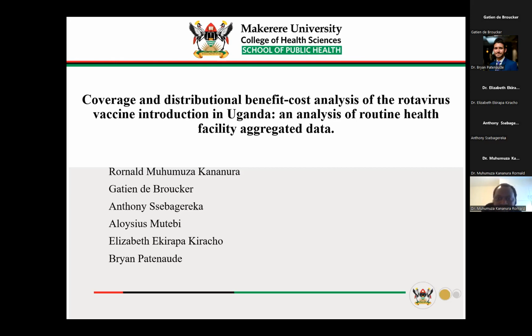The key message here is how we can use routine health data to do this, but also trying to understand the cost, the benefits, how it distributes across different socio-economic groups, and the return on investment. This is part of the paper that we've submitted for publication. It is still under review, and we hope by early next year we should be able to have it published.